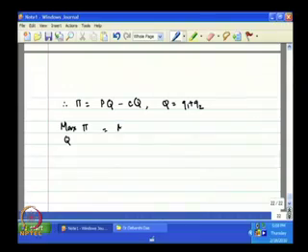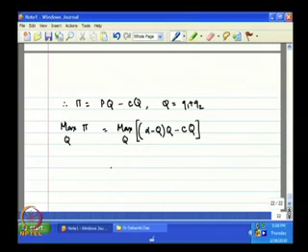And if it does so, what we get is the following. This is alpha minus Q multiplied by Q minus C Q, and what is the solution?